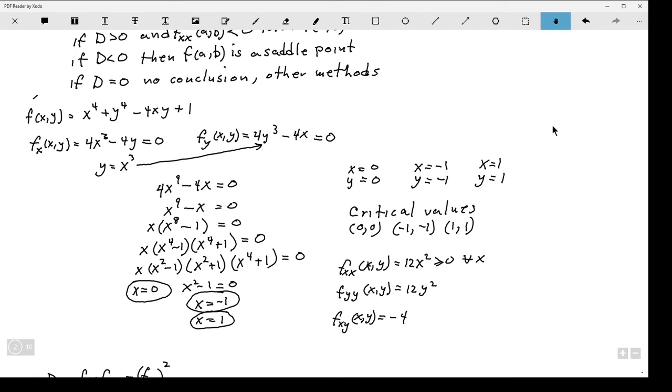I'm trying to decide if I want to start this now. No, I'm going to start this in the next video. So I'm going to end this video here, and we will talk about the Lagrange multipliers and the application problems in the next video.